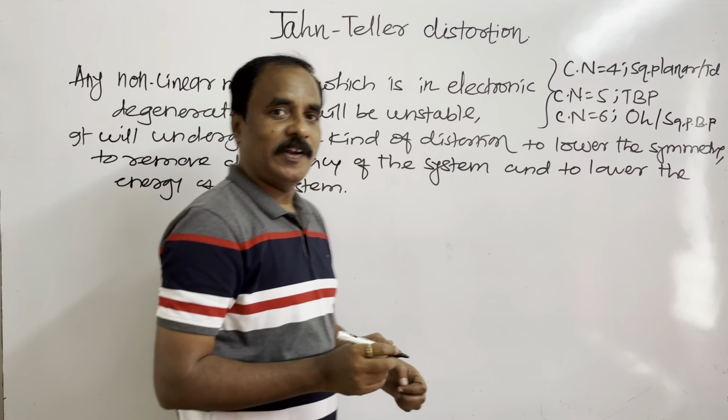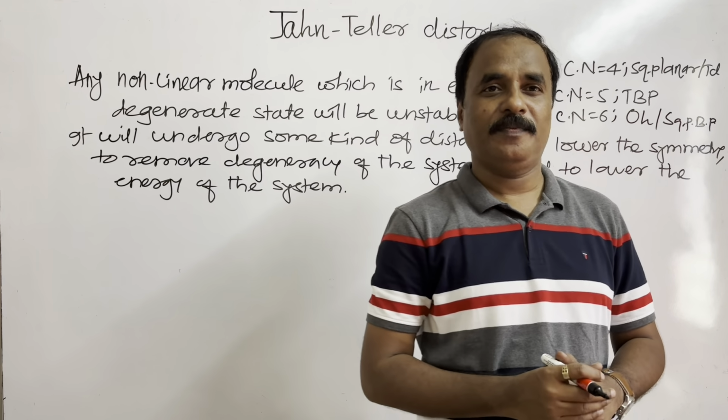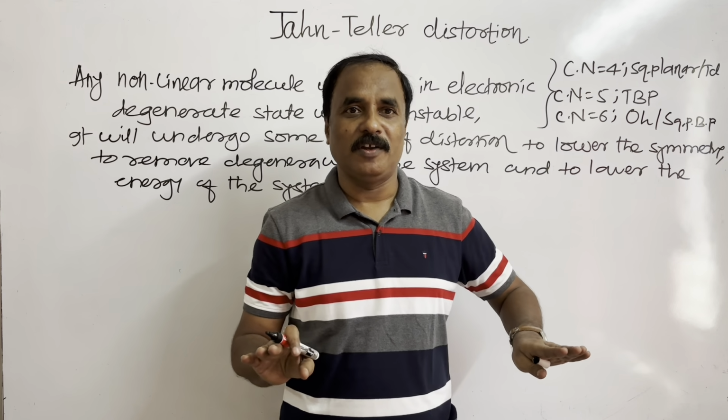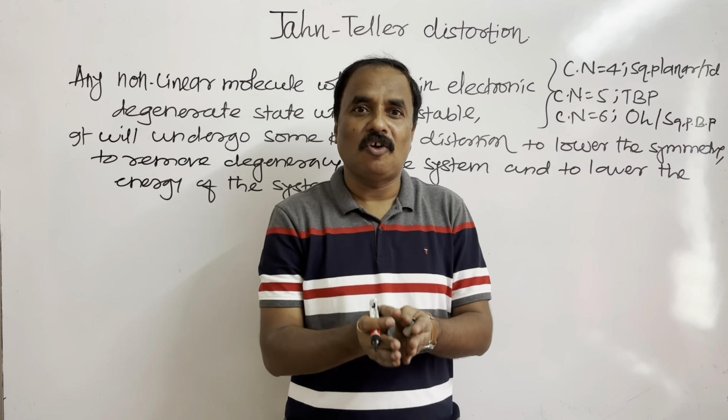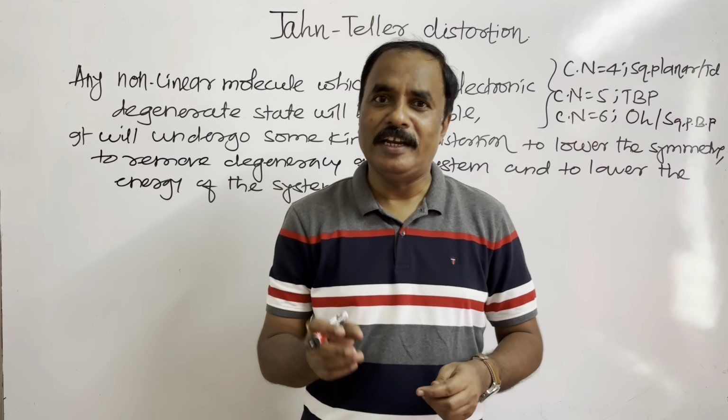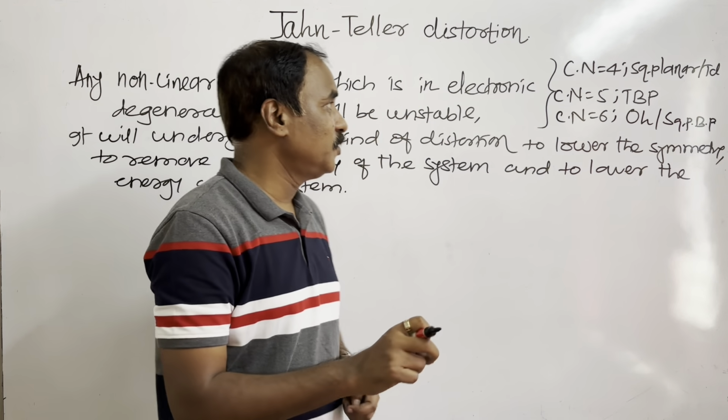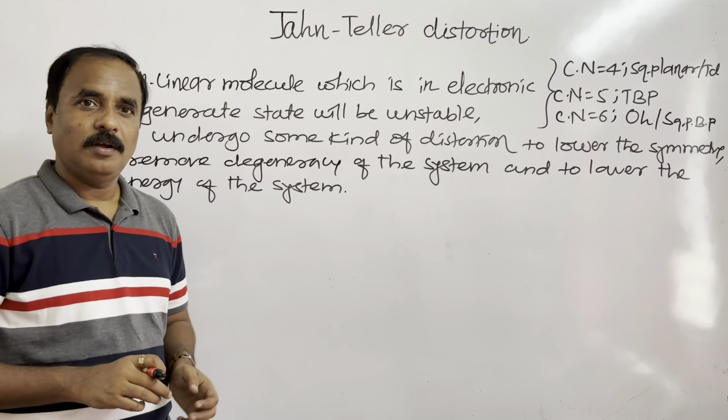So this is the statement of the JT distortion theorem. This is for any non-linear molecule which is in electronic degeneracy, having the same energy, and is always unstable.